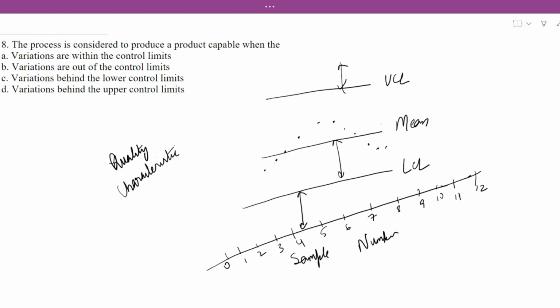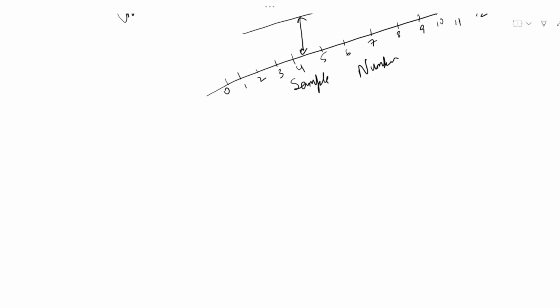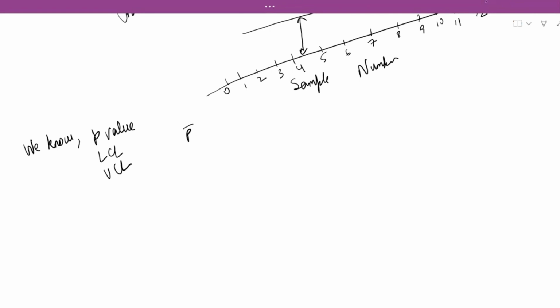So what we know from here is we have the p-value, that is the fraction of the defects, the lower control limit and the upper control limit. These are the given. Now when we see that the p bar is higher, this means the fraction of the defective items increases.